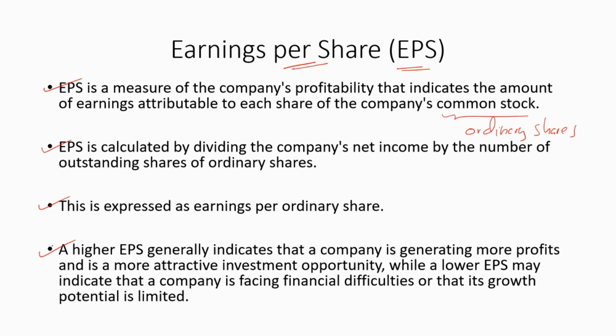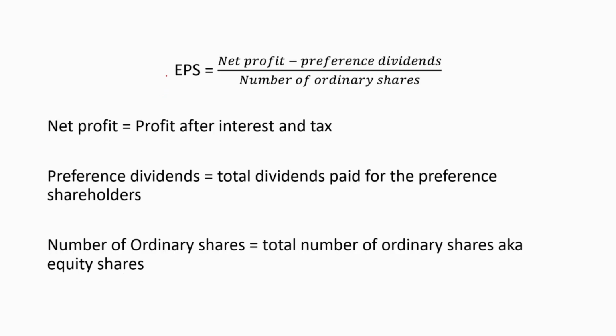A higher earnings per share generally indicates that a company is generating more profits and is a more attractive investment opportunity, while a lower earnings per share may indicate that a company is facing financial difficulties or its growth potential is limited. This is how we can calculate the earnings per share.